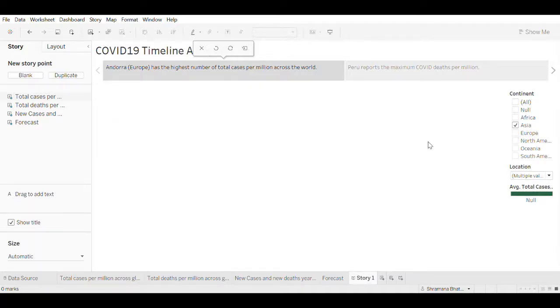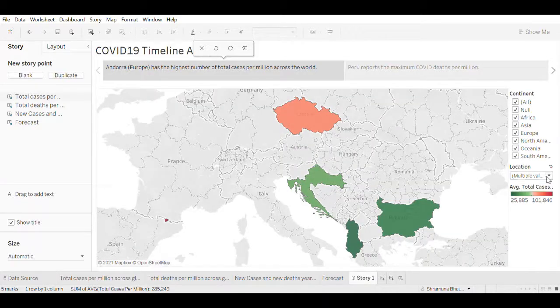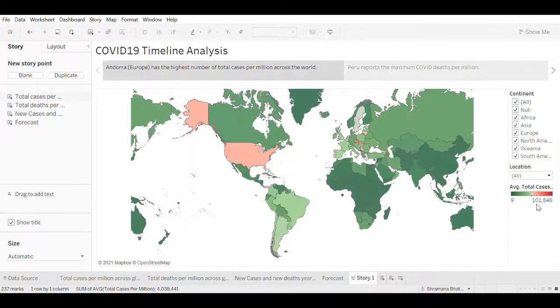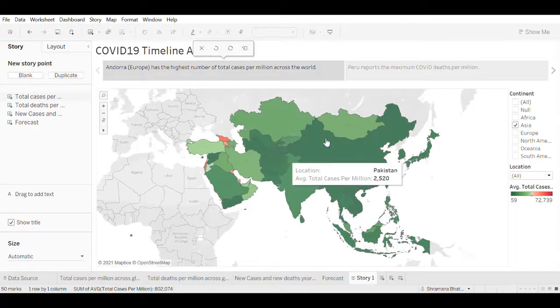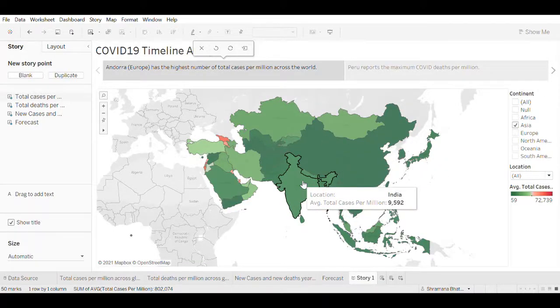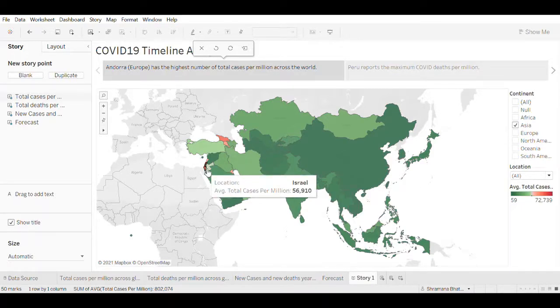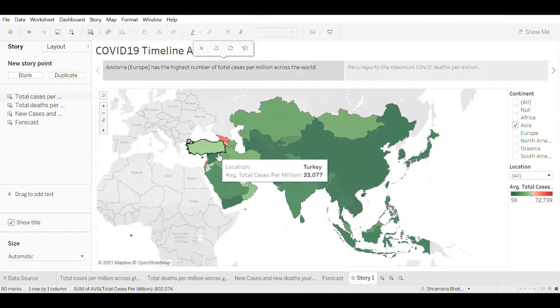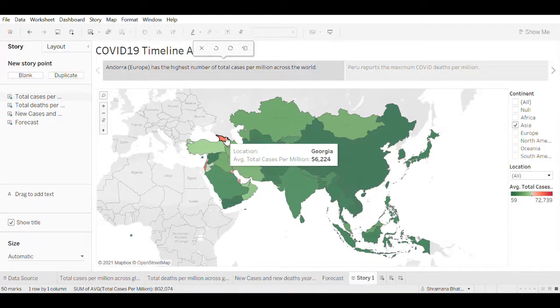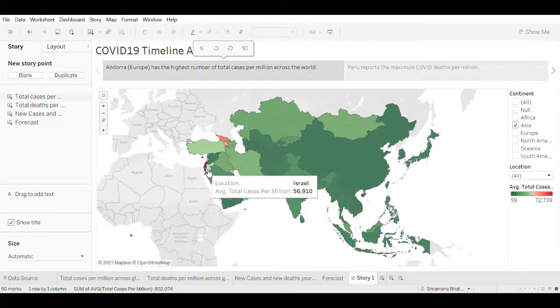Wait a moment, it's not coming. Okay. Yeah. So if I check for Asia, see, this is India, which is 9,592 total cases average per million. Here you can see Israel reporting quite high, Georgia to be very high, and it's around 56,224, and we saw Israel, Qatar.